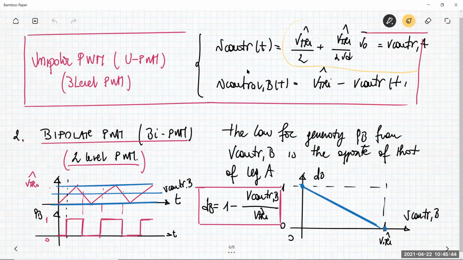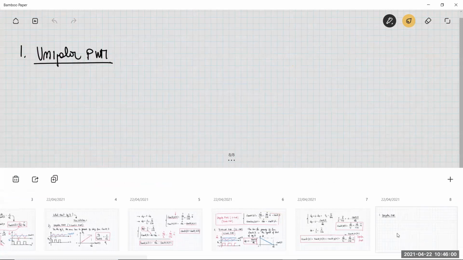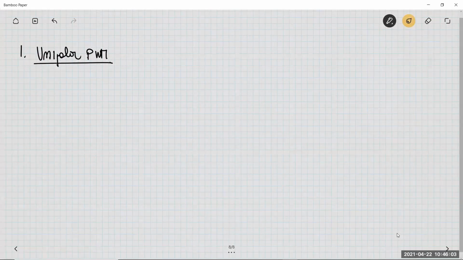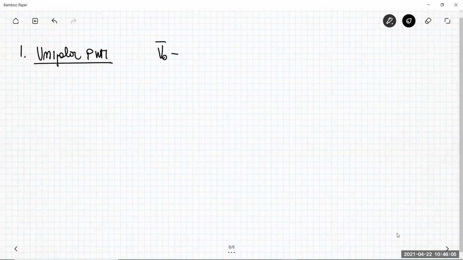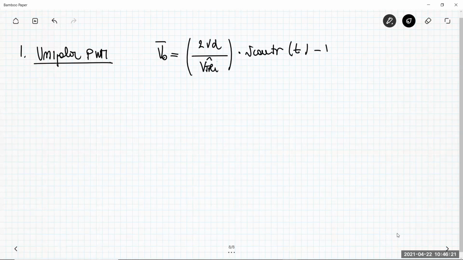We can have that V naught can be derived as a function of the control voltage, the peak value of the triangular waveform, Vd, etc. If you derive V naught from this expression, you get this result. V naught average value is 2 times Vd over V triangular peak multiplied by V control minus Vd.